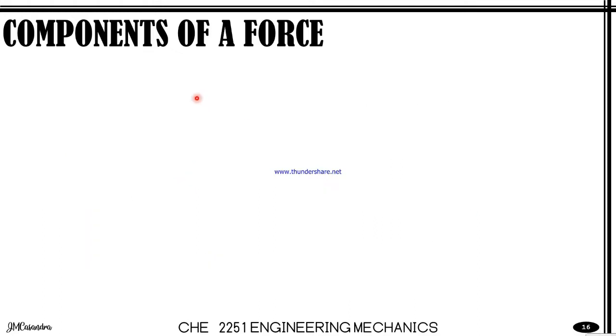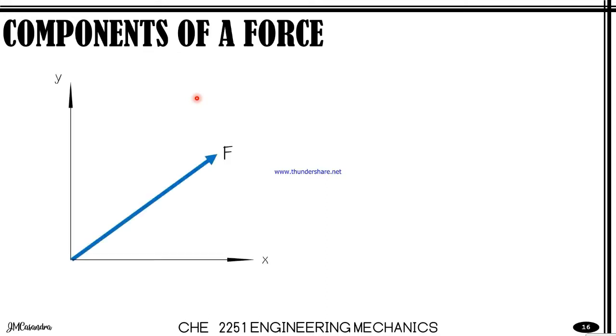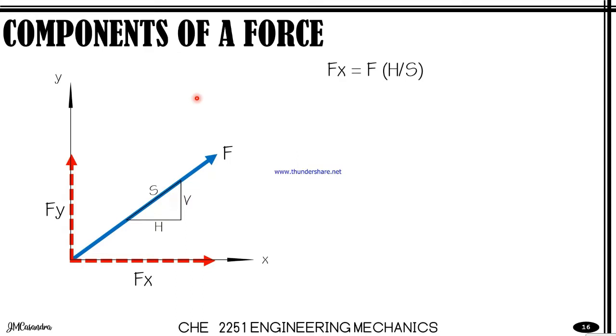To solve for the values of the components of a force, we can also use the slope of the force, which is defined by its horizontal and vertical ratio. For your x and y components, the x component is F times the ratio of the horizontal to the slope, and the y component is computed as the magnitude of the force multiplied by the ratio of the vertical to the slope.